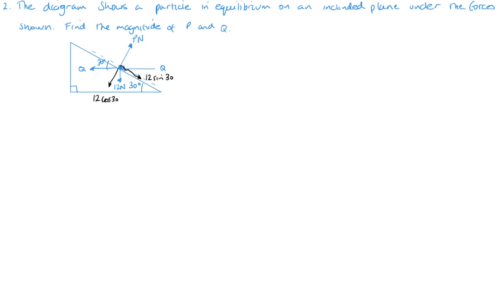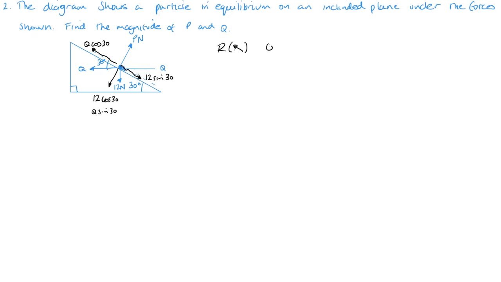So that Q is going to go up the slope, and this will be Q cos 30. And then perpendicular to the slope will be pointing down, and it'll be Q sine 30. So let's resolve parallel first of all.